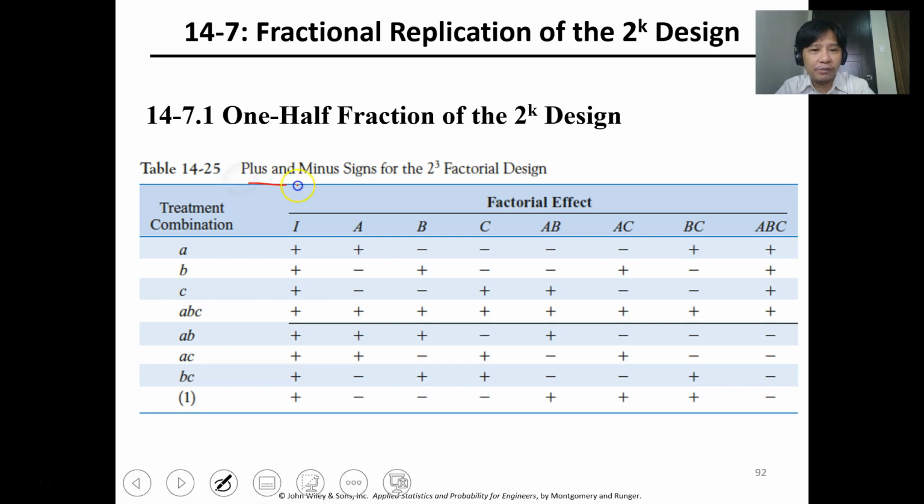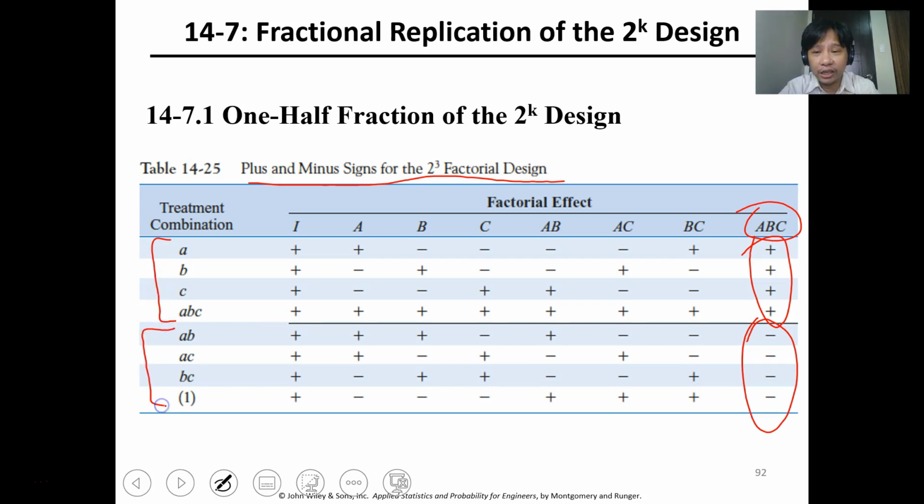So we have a plus-minus sign for a 2^3 factorial design. And we will group them in such a way na yung ABC natin will have all the positive above the line and all the negative below the line. So we divide this into 2 fractions, the positive and the negative ABC effect.